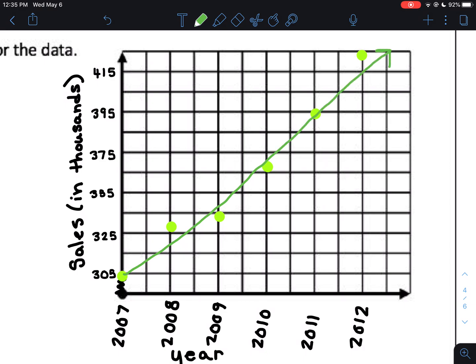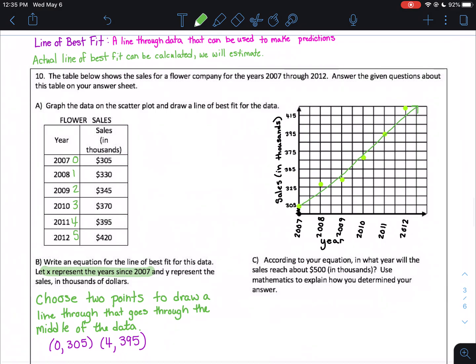That's not a great straight line, but we've got like 2 above it and 2 below. It's looking like it's going to go through the middle. So I'm going to pick again that very first point and the fifth point. 1, 2, 3. Yeah, fifth point. Okay, 4 years since 2007. So those are the 2 points I'm going to pick to draw my line of best fit.